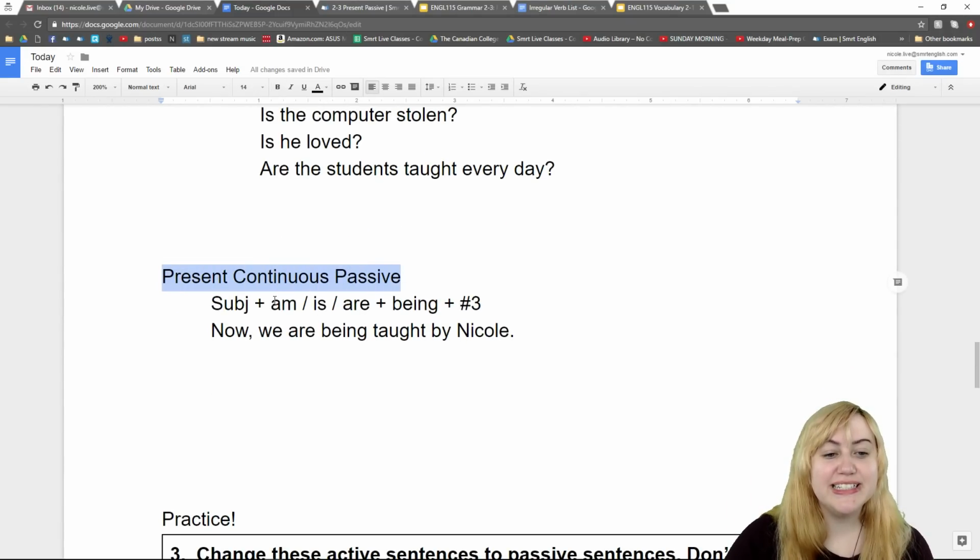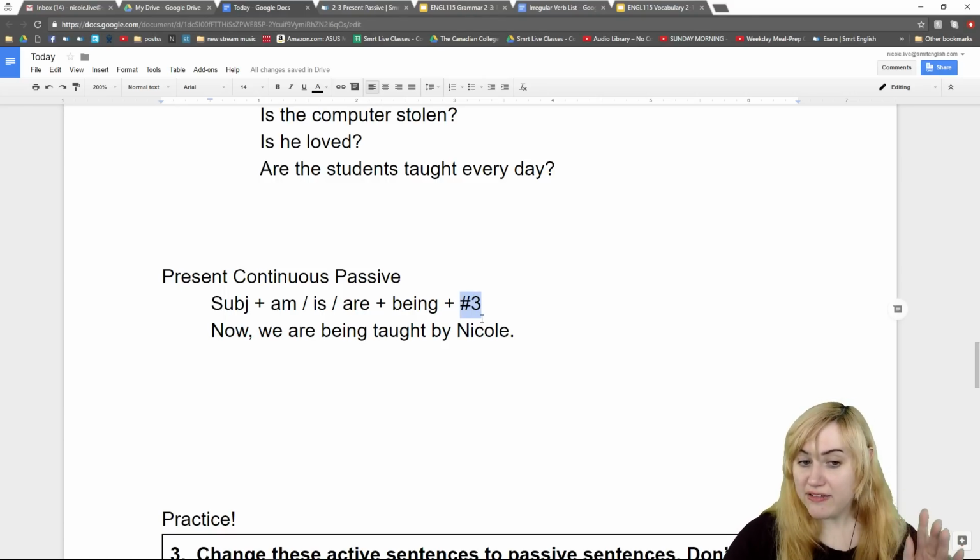To make present continuous passive, we use subject plus am, is, are, plus being, plus verb 3. So every time we're going to use the word being.